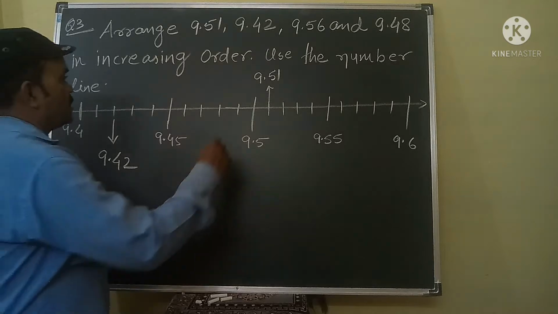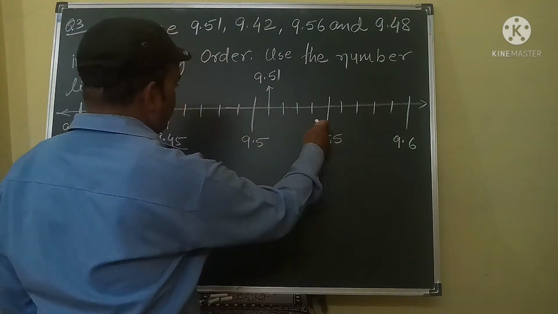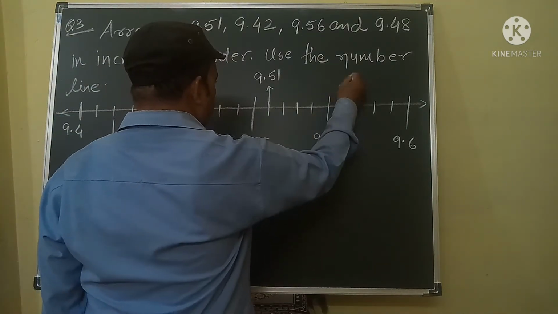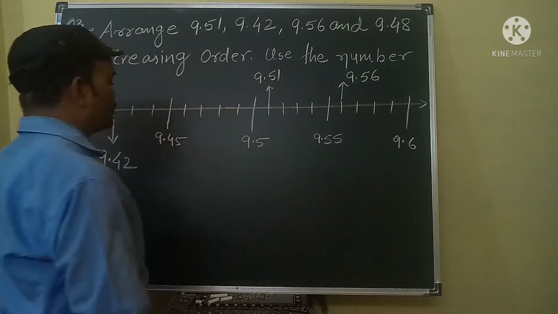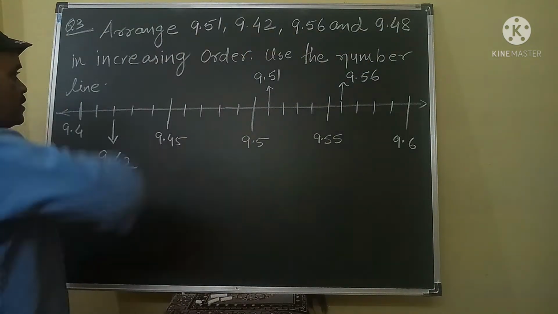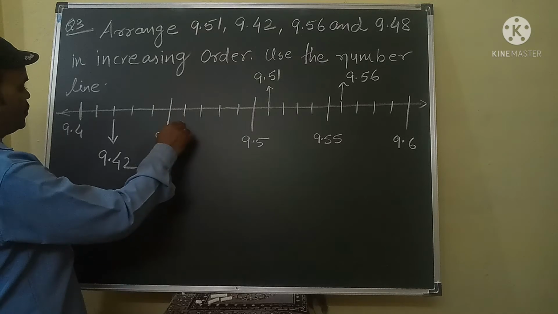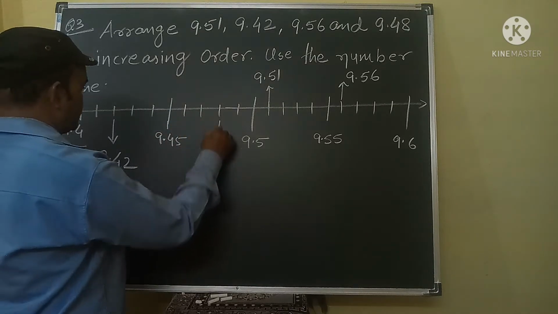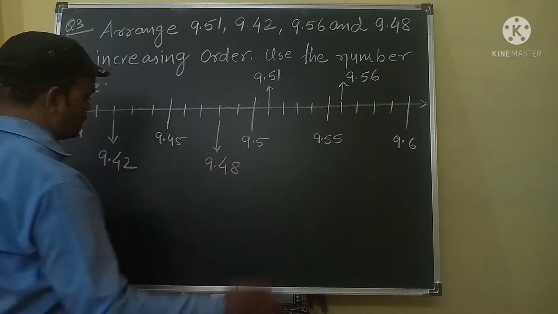Okay. Then after 9.56, this is 9.55, and this is 9.56. Okay. Then after that 9.48: 9.45, 9.46, 9.47, and this is 9.48. Okay.